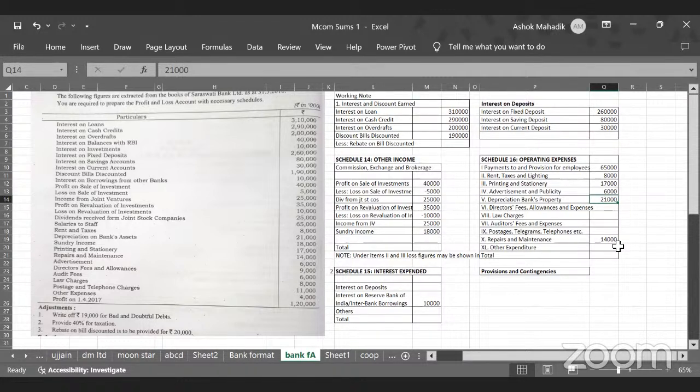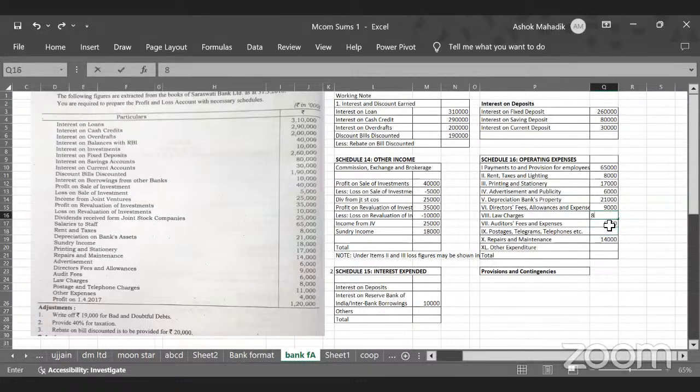Okay, done. Then director fees and allowances, how much? 9,000. Director fees, 9,000. Next. Audit fees, 6,000. Next.